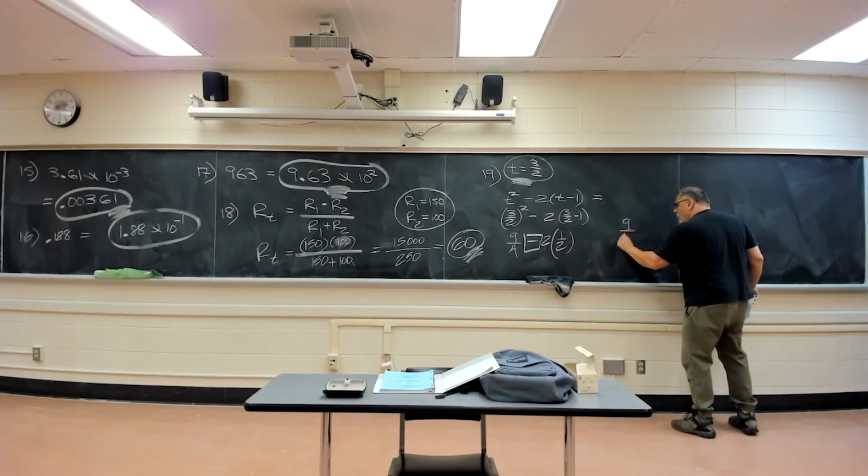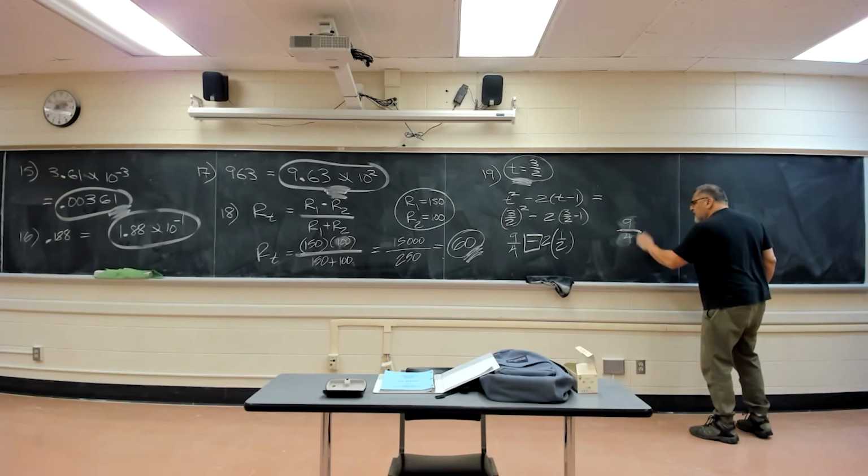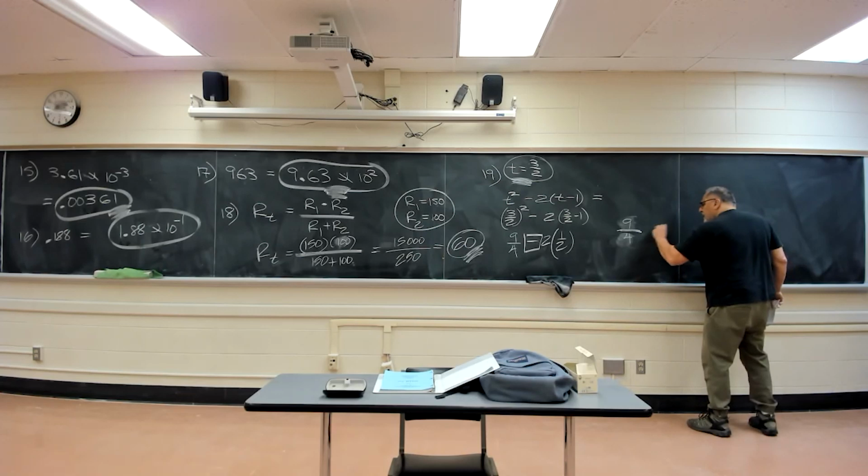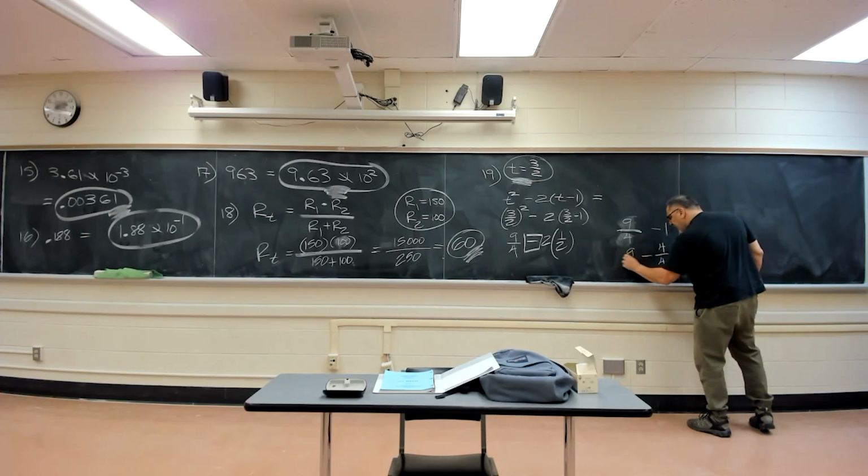You got 9/4. I don't know why my chalk is not writing well, but okay. It's some of the best chalk there is, guys, I think. That's what I'm using. This is 9/4. This is 1. You can play this a bunch of ways. 1 is the same as 4 over 4. This is 9 over 4.